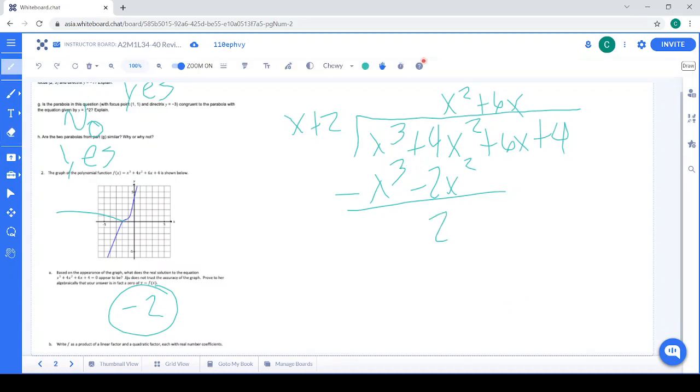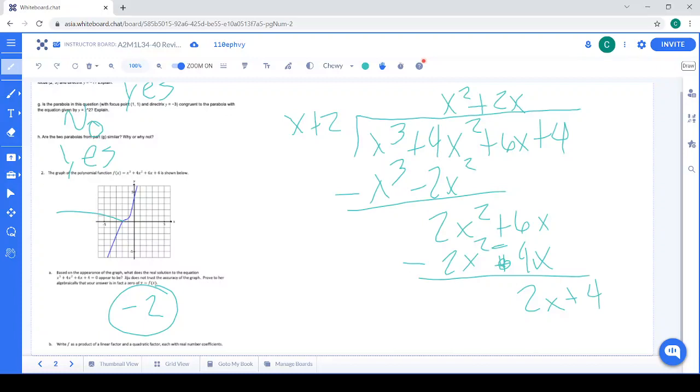It left me with 2x squared plus 6x. Therefore, I'm going to have a 2x, positive 2x. That gives me a positive 2x squared plus 4x. And then when I negate both of those, like I should have done earlier, I would get 2x plus 4, which leaves me with a plus 2.